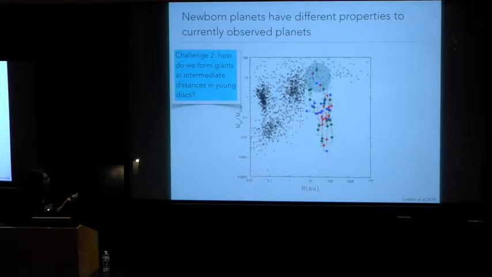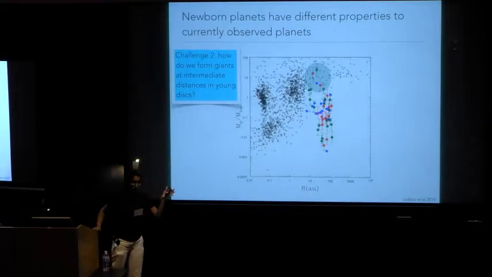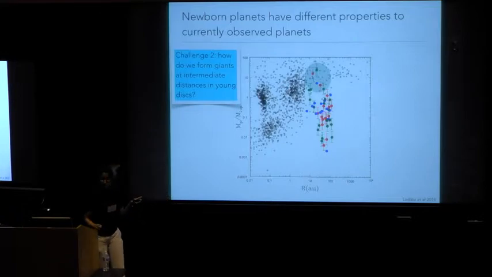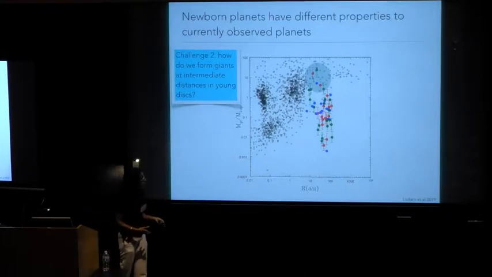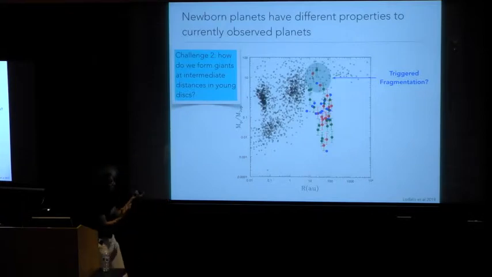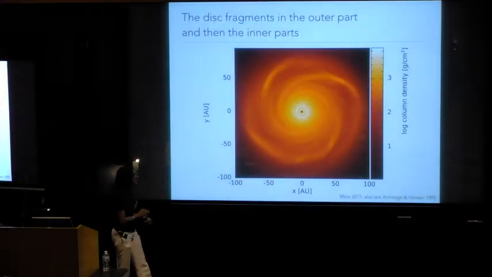And the question is, how do we actually form these giant planets at intermediate distances? They're massive, they're reasonably far out, so it might be somewhat difficult to form these by pebble accretion. They're not so far out that we can form them by gravitational instability. So what I'm going to suggest is that the idea of triggered fragmentation could contribute to this. So what actually is triggered fragmentation?